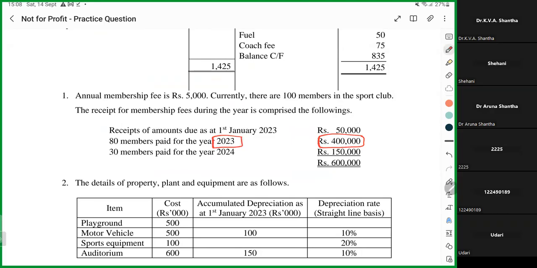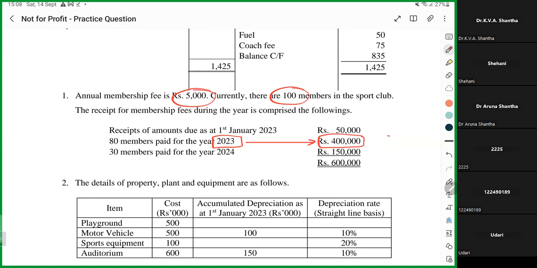How much total receivable? You have 100 members, 5,000 per member. Then how much total receivable for the year? 5,000 per member into 100, 500,000.